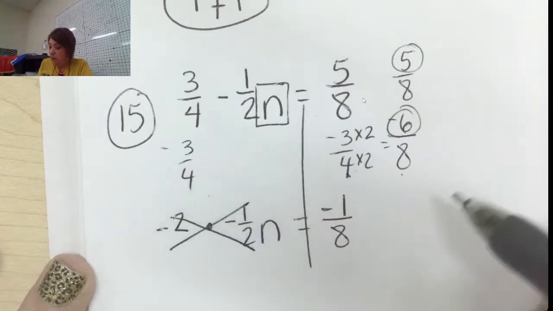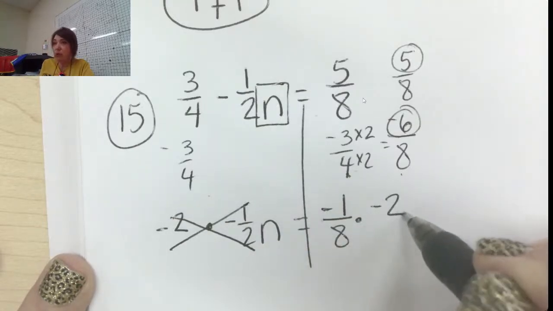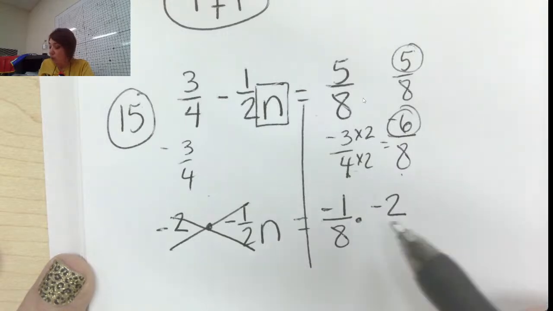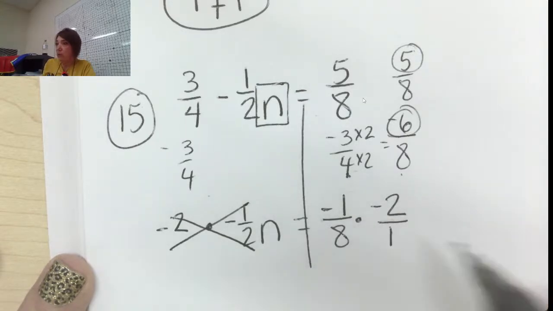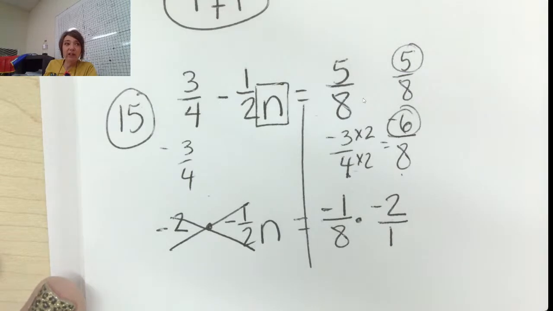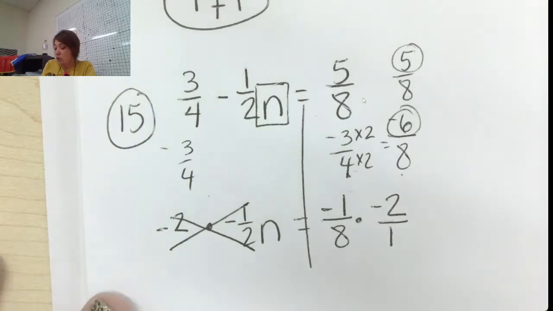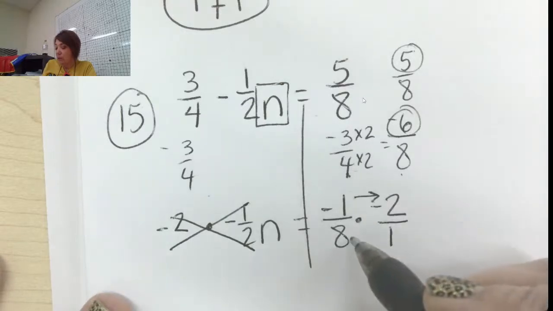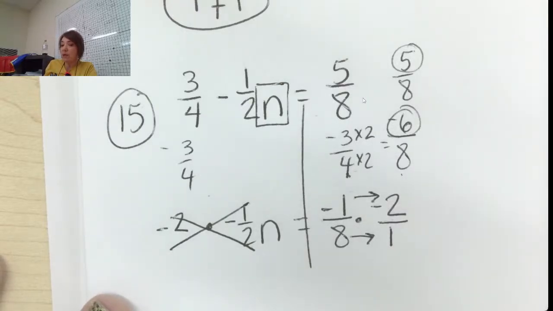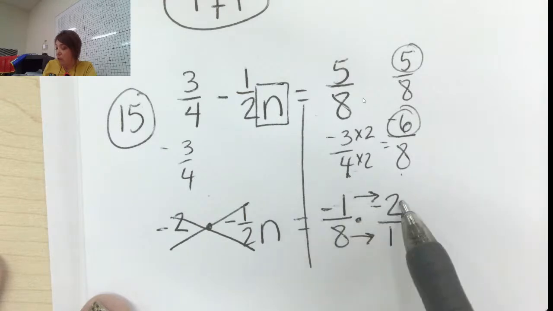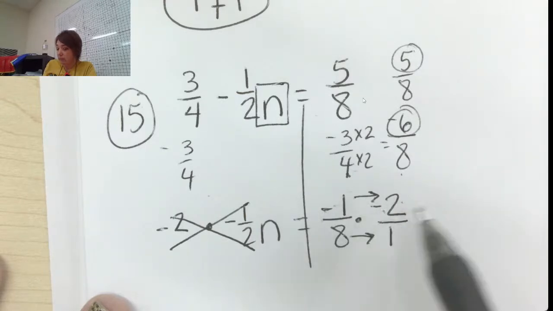So those are gone, but if we do it over there, we've got to do it over here. And when you multiply a fraction times a whole number, just make your whole number a fraction by putting it over 1. Then you're just going to be multiplying the top, multiplying the bottom. So if I multiply the top, what is a negative times a negative?